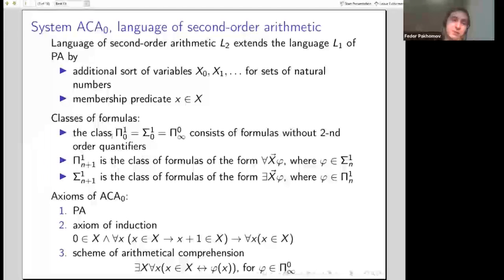So basically we have these classes Π1n, where Π10 is just the class of all arithmetical formulas, so formulas without second order quantifiers. We actually allow second order parameters.